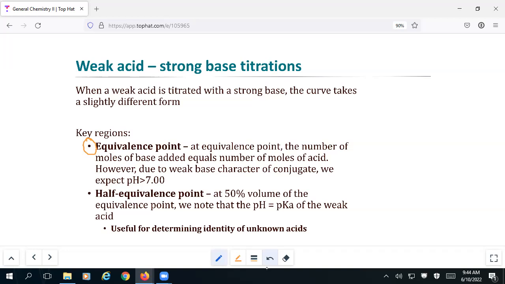One other important thing. That region between the initial pH and the equivalence point, it's got something going on with it. If we think about our definitions, if I have a weak acid reacting with a strong base, I would get water and conjugate base.